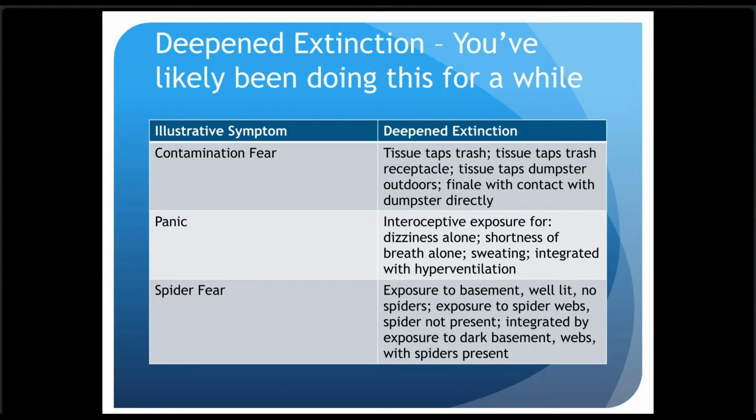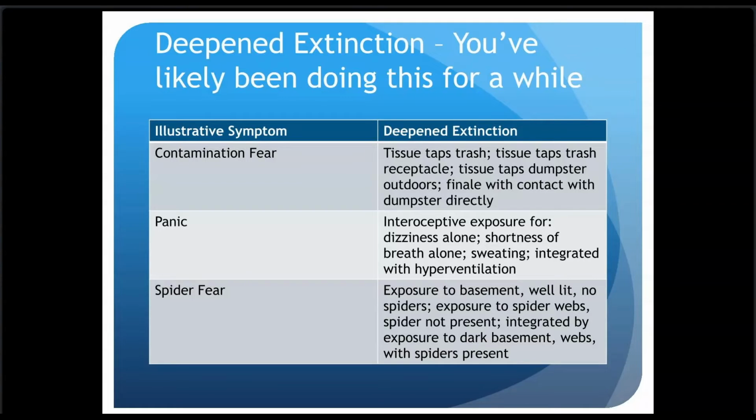Contamination fear. A typical routine for people with contamination fear, early in exposure, is you have the person handle tissues that have been in contact with things that are otherwise considered fear eliciting. So you might have the tissue as a vehicle.